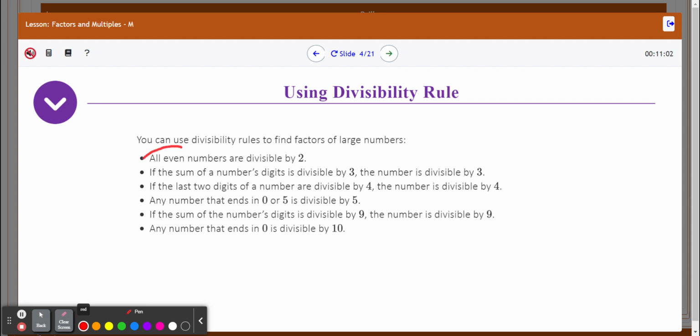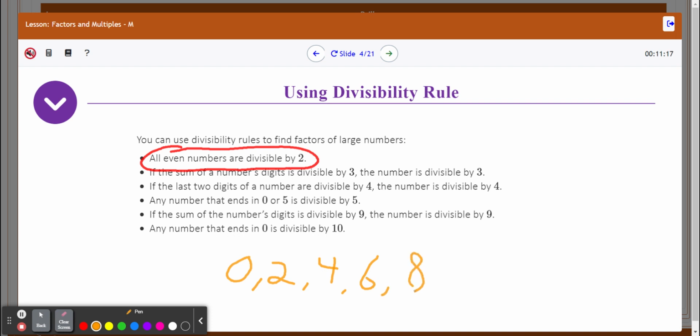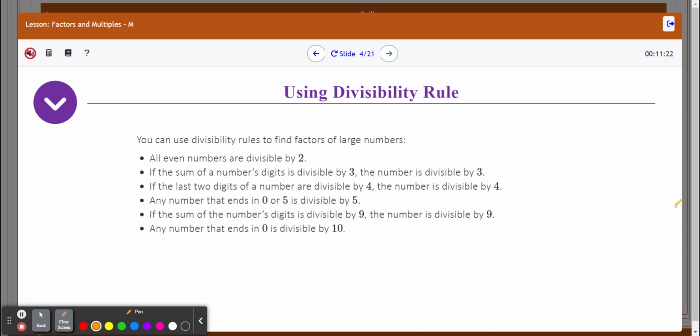So the first one says, if a number is even, it means it's divisible by 2. Well, remember, even numbers end in 0, 2, 4, 6, 8. So what it's saying is if the last digit of a bigger number is an even number, then you already know it's divisible by 2. So for example, if I look at 24, the last digit of 24 is even, 4, so you know it's divisible by 2.